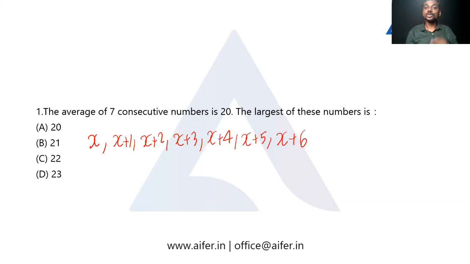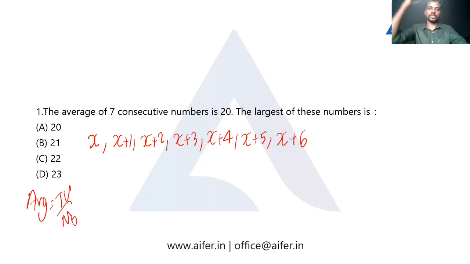That's 20. So now we'll be using the equation for average. What's the equation for average? We have already discussed. Average equals total value by number of observation.